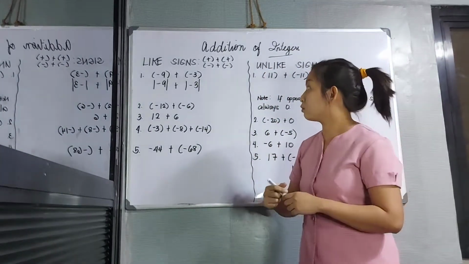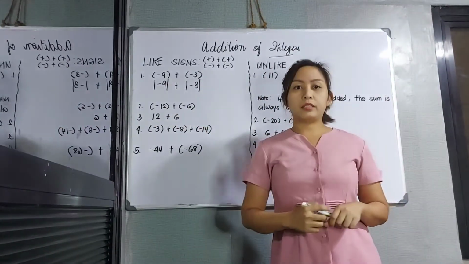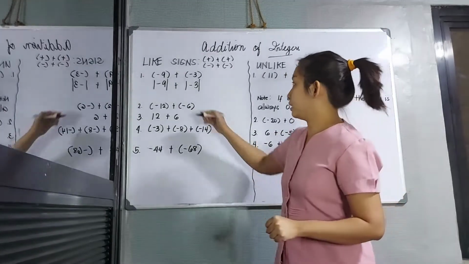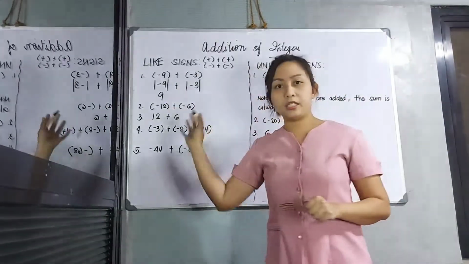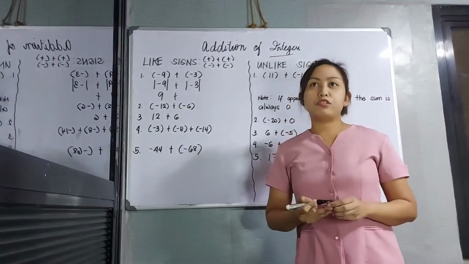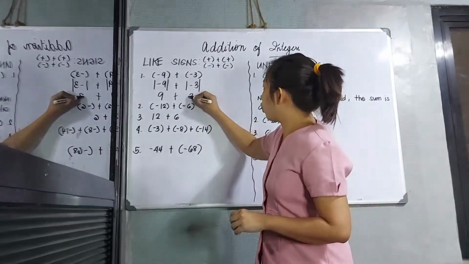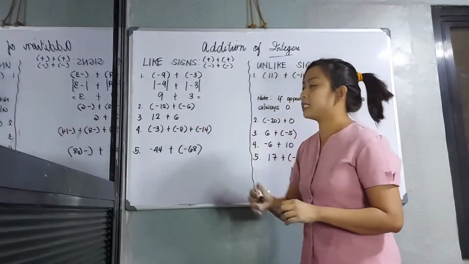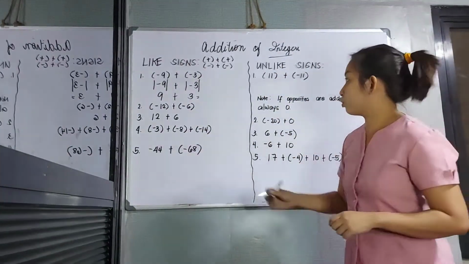The absolute value of negative 9 is 9, disregarding the sign. Plus the absolute value of negative 3, which is 3. Therefore, we have 9 plus 3, that is 12.